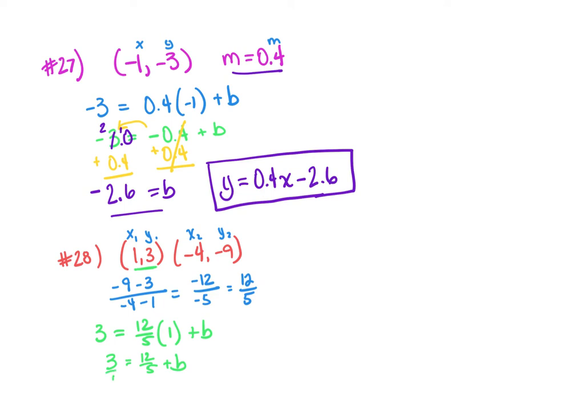We have to multiply top and bottom by 5, so I get 15/5. And I'm going to subtract that 12/5 over, minus 12/5 is going to equal my b. So 15/5 minus my 12/5 here is going to give me my 3/5 as my b.